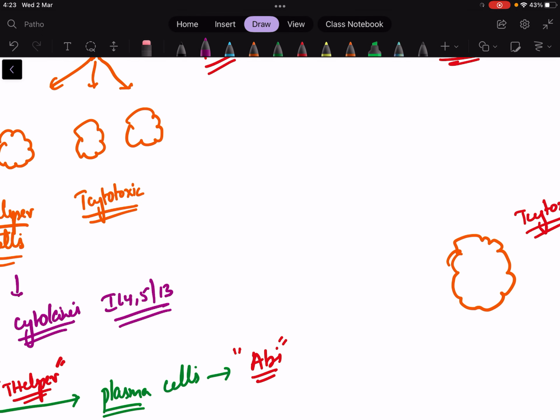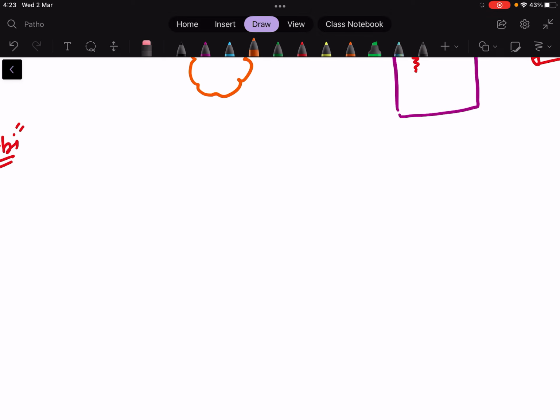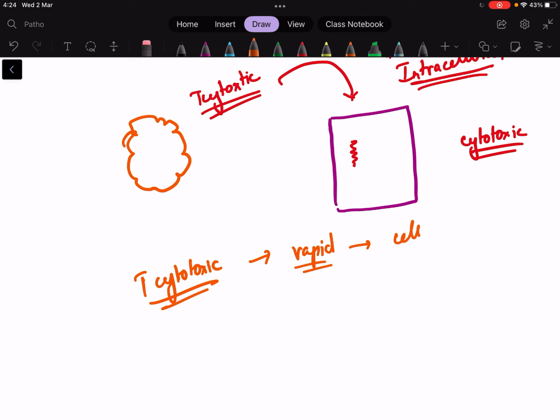Now, finally, we are going to talk about your T regulatory cells. Now, imagine there is a virus, and due to this virus there are a lot of T cytotoxic cells, and there is rapid deletion or rapid apoptosis of your cells. Now you have to control these cells from dying.